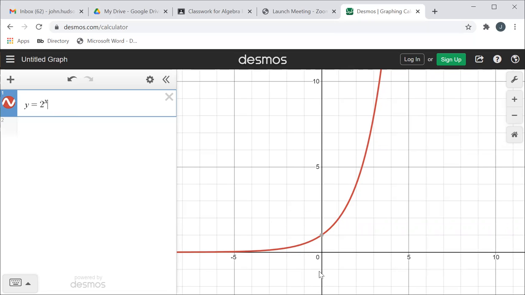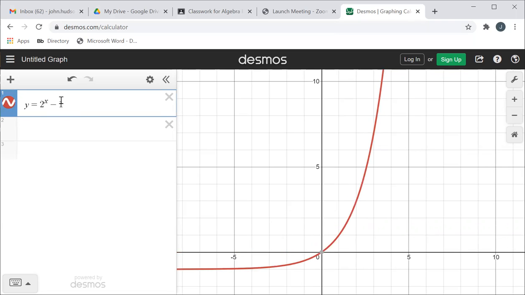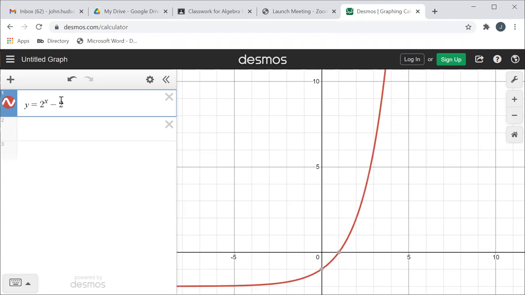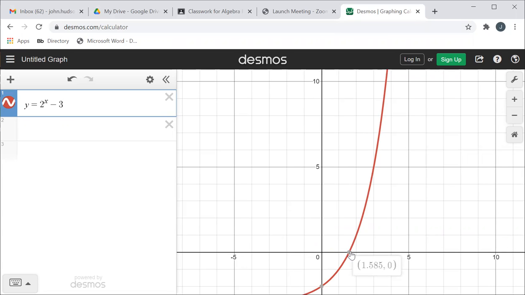In the case where the graph does cross it, you don't really have the tools yet to solve for that exact value, so I'll take an approximation. Some of these sometimes get a lot harder to find that exact value. You'll notice that it's rounding it.